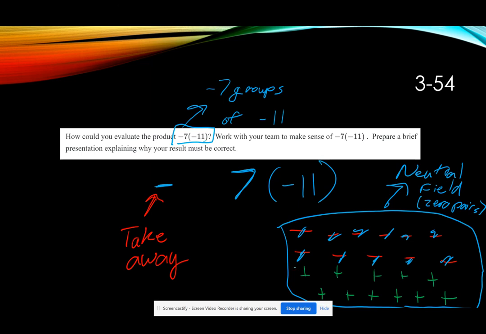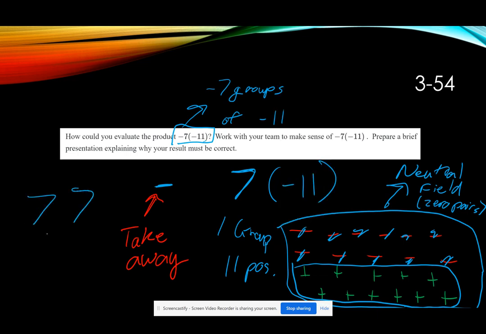All right, what am I left with here if I take away my -11? Well, I have 11 positive tiles still. And that's just one group. So now if we have 11 positive tiles after one group, and we kept writing this over and over again, then we would end up with 77 positive tiles.